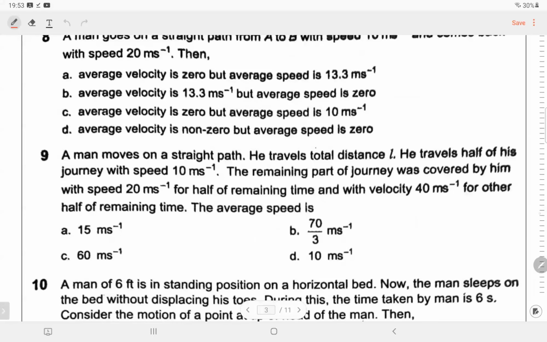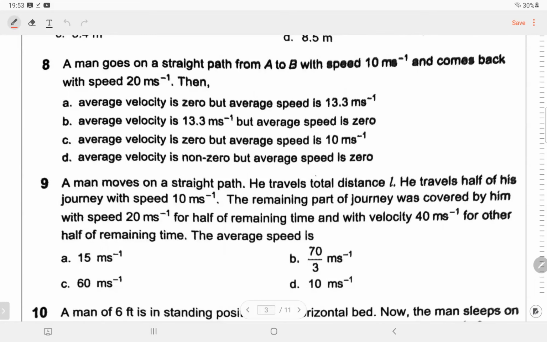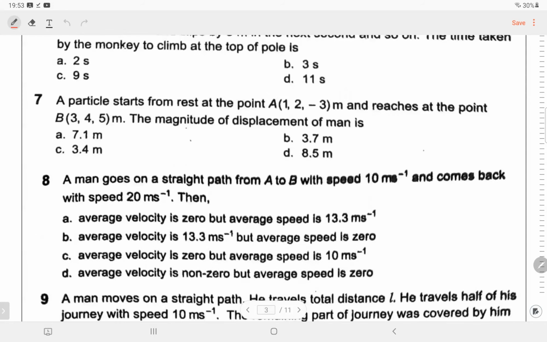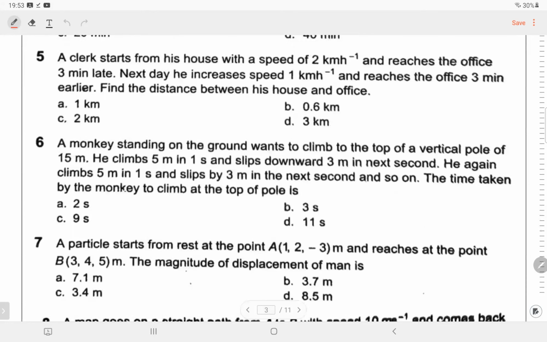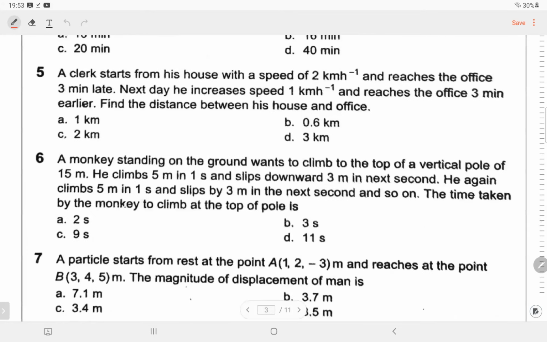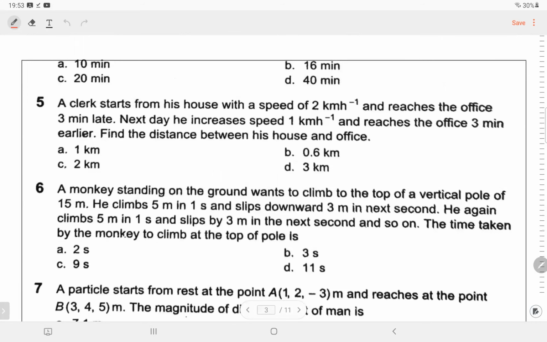So this average speed and average velocity type of question we have already done. Okay, fine. These type of questions we did. Now the question number is... right.